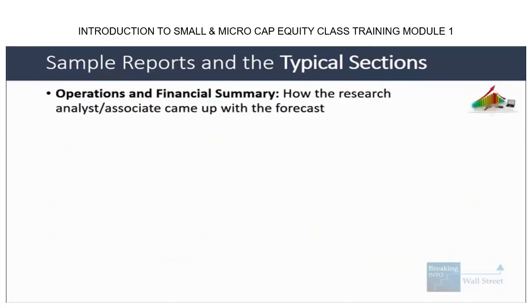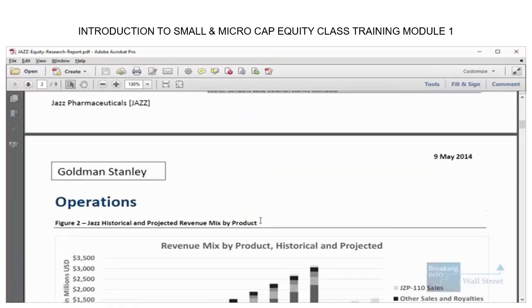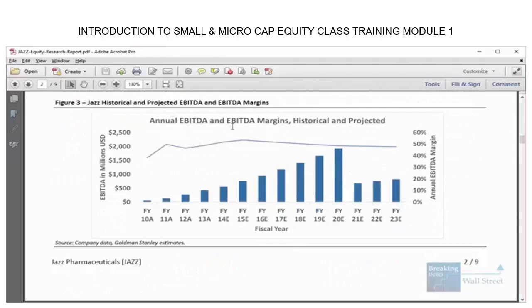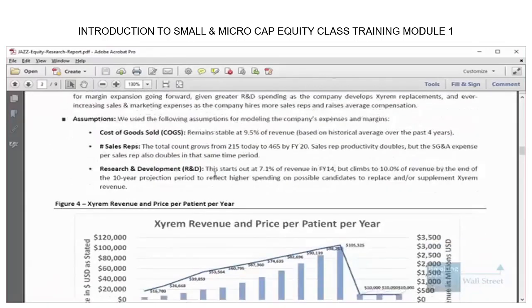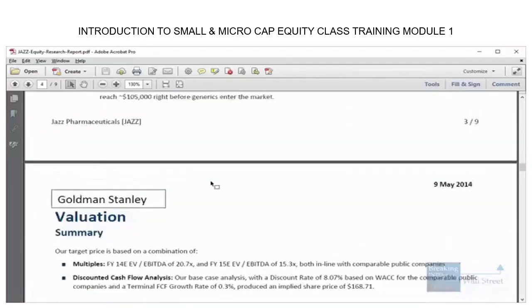The next part of the report is usually something like an operations or financial summary, and this explains how the research analyst or associate came up with the forecast. So for a normal company, you might see revenue by product, market share, unit sales, and average selling prices. If we go to the Jazz report, we can see the revenue mix by product, EBITDA and EBITDA margins. We can see one of their key drugs here, Xyrem, the revenue and the price per patient per year.